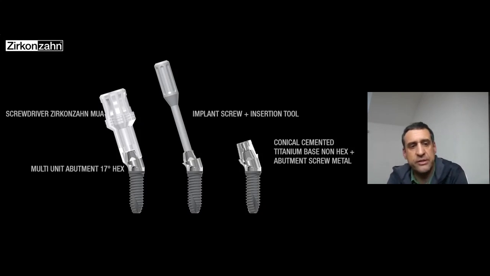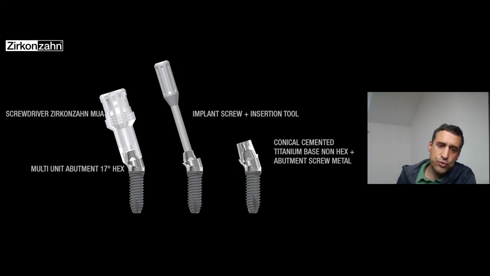About the multi-unit screwdrivers and the accessories that you can use: the screwdriver for the multi-unit abutment is a special screwdriver which engages directly on top of the multi-unit, and you can screw it in really easily. This is the implant screw, and it's also an insertion tool, so you can see the insertion of the multi-unit.